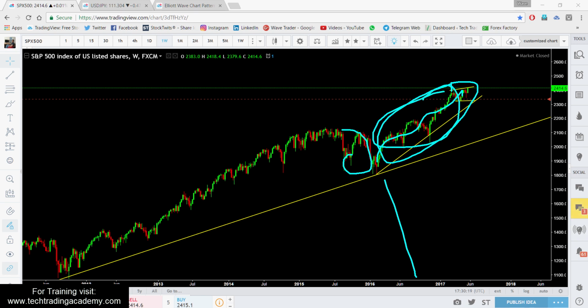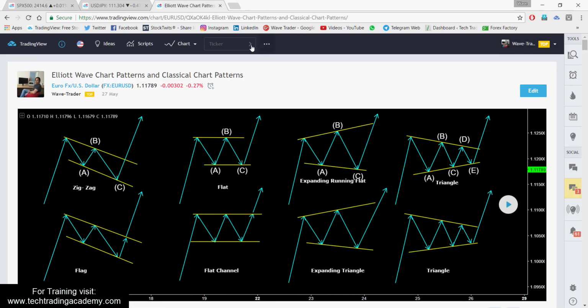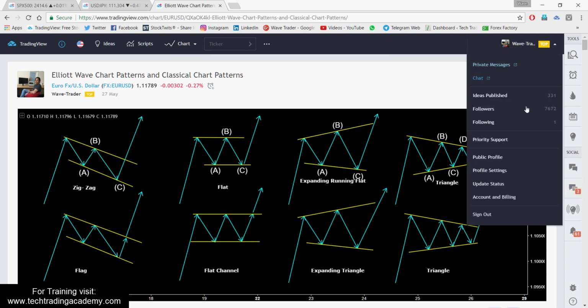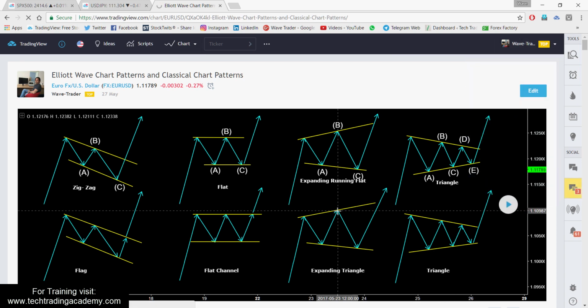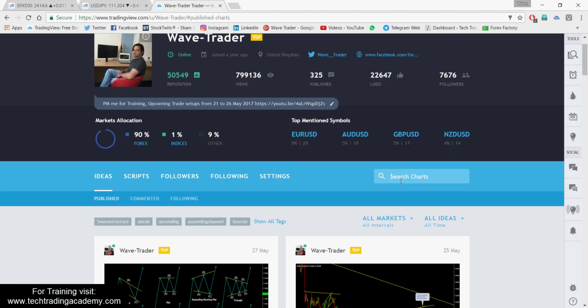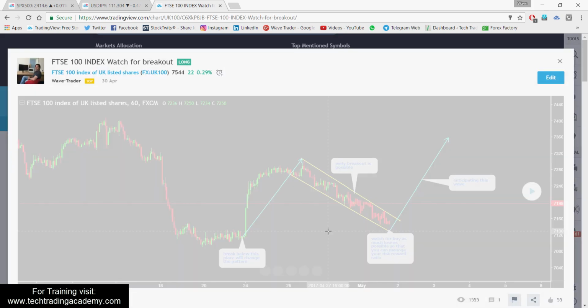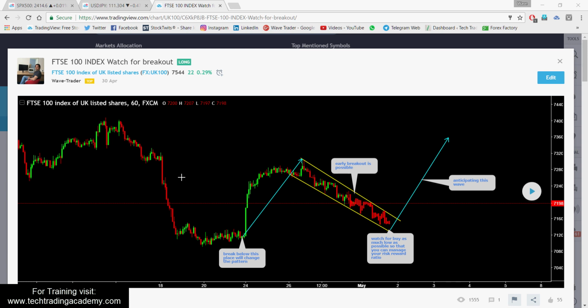Buy S&P, buy. So what were we looking for last time when the UK 100 index was falling? Let me show you. You see this pair? We were looking to buy when this pullback came on this pair.